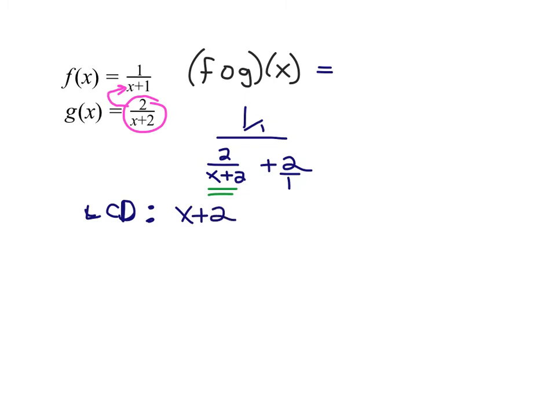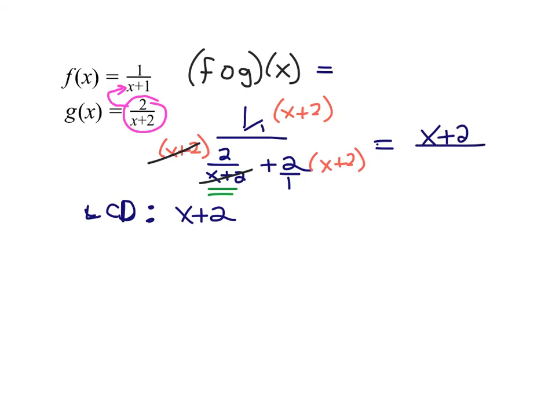So I'm going to multiply all the tops by x plus 2. And what you'll see will happen if I do this, if I multiply this by x plus 2, and this by x plus 2, and this by x plus 2, it will cancel out this x plus 2. So what this ends up being is we have 1 times x plus 2. So x plus 2 on the top.